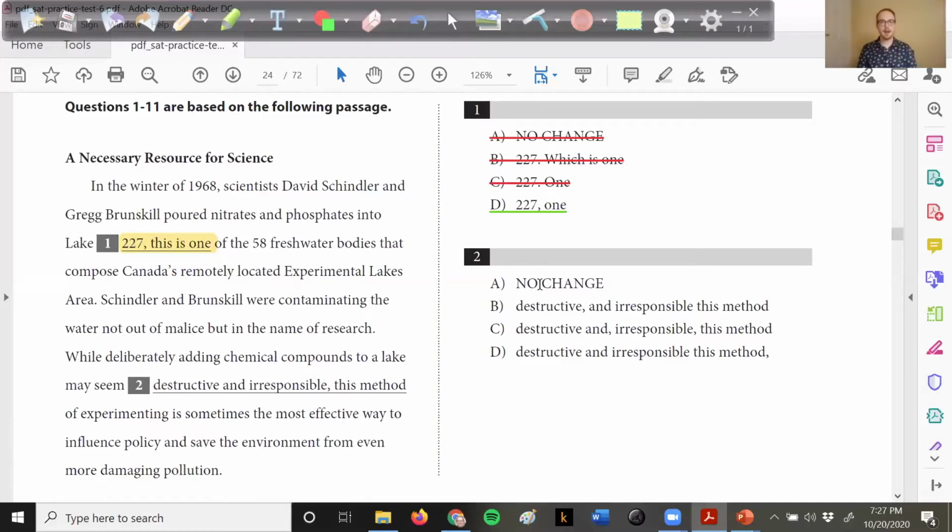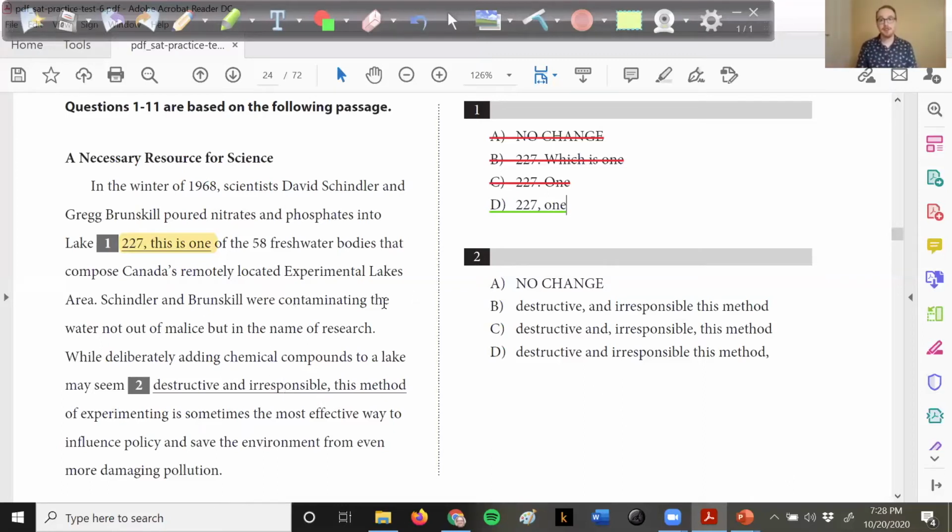I see a couple of options: destructive, and irresponsible this method; destructive and, irresponsible, this method; destructive and irresponsible this method. Well, I really don't have to guess very long at what I'm being tested on. They're not changing the words at all. They're just moving the commas around. So I need to know about proper comma placement and comma use.